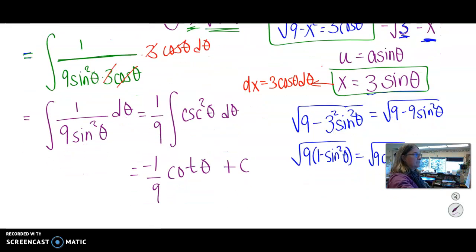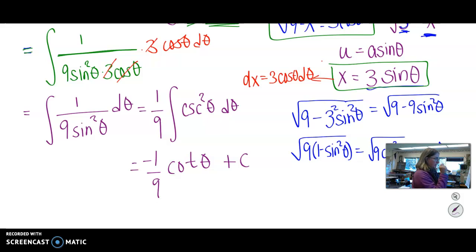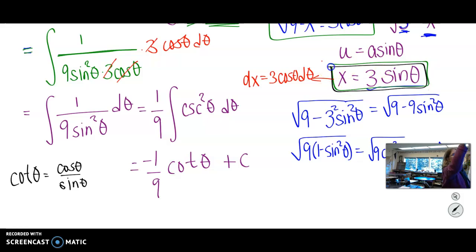Okay, and now we need to finish this problem up by replacing this back substitution. We've got to figure out what cotangent theta is in terms of x. And if you recall, cotangent of theta is equal to cosine of theta over sine of theta. And we know that we have this right here, that x equals 3 sine of theta.